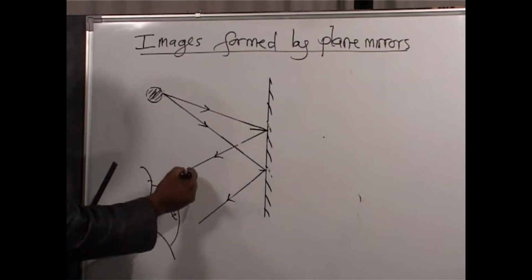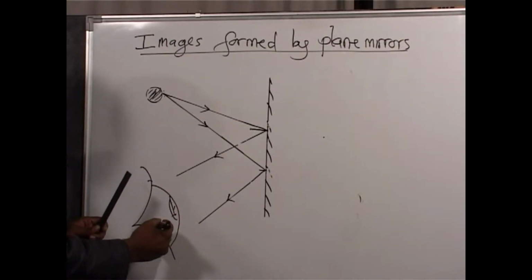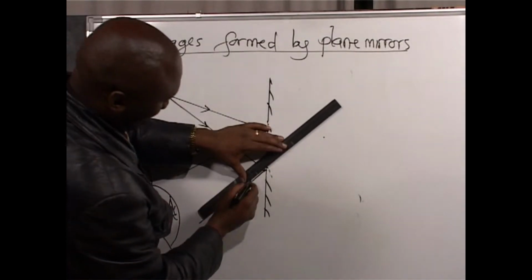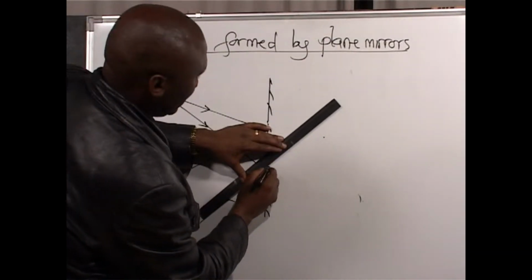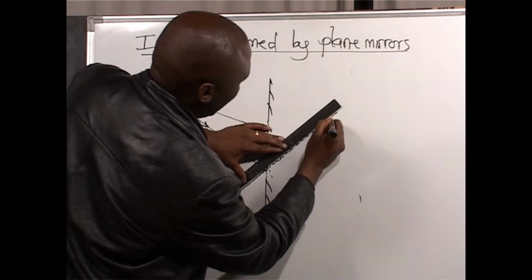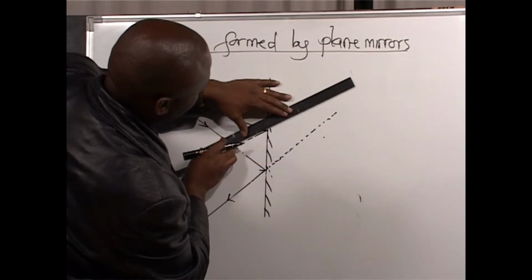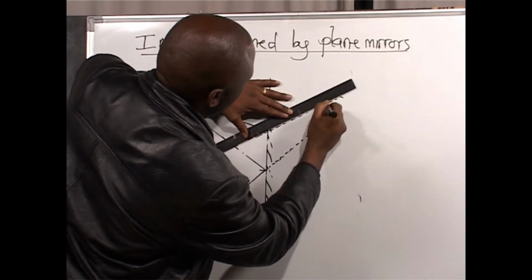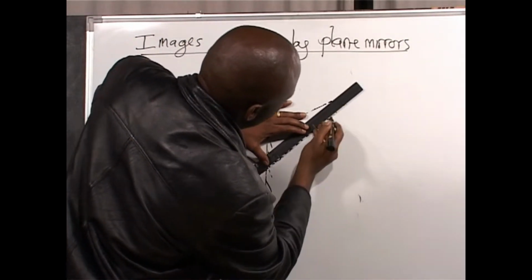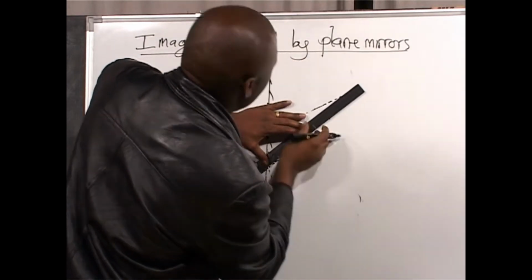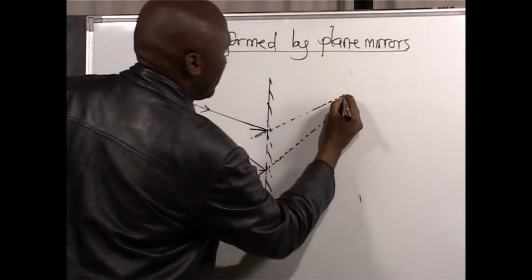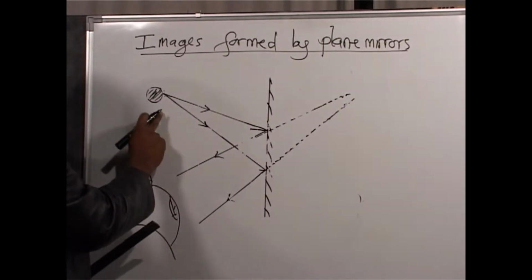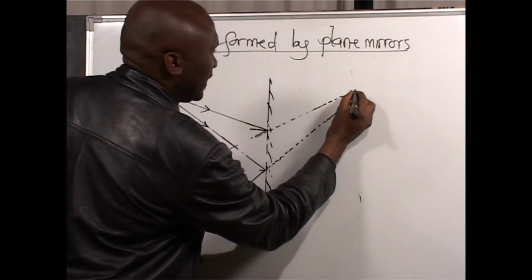Now, when these rays fall into your eyes, your mind will interpret that light, because light travels in a straight line, as coming from somewhere inside the mirror there, and then you'll be able to see the image of this object inside the mirror there.